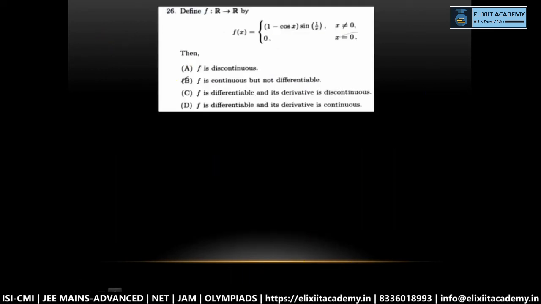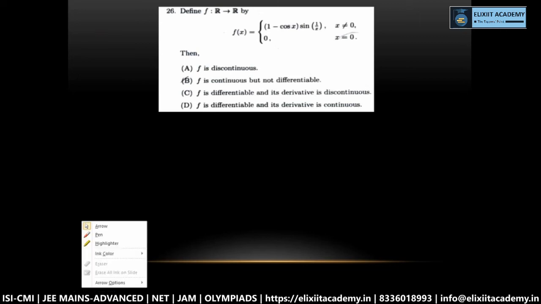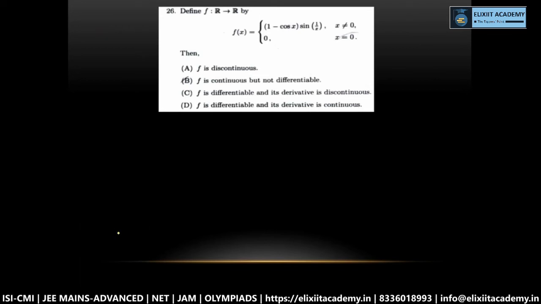Next one, 26. You have this function f(x), and exactly this question was there in your calculus exam, the same question, the same options.